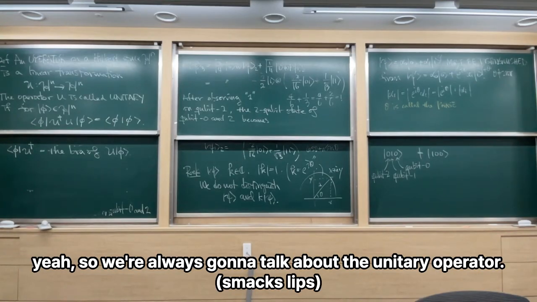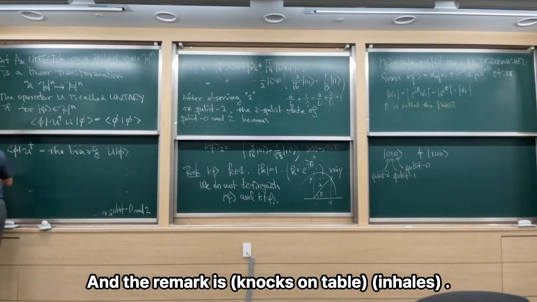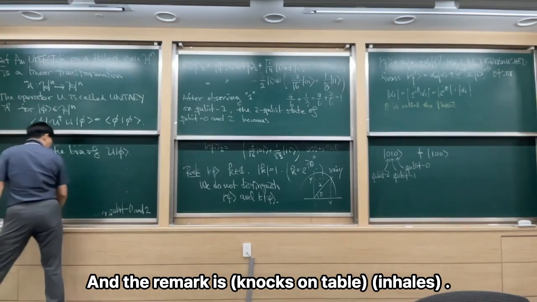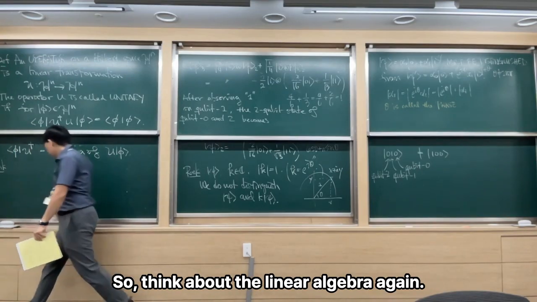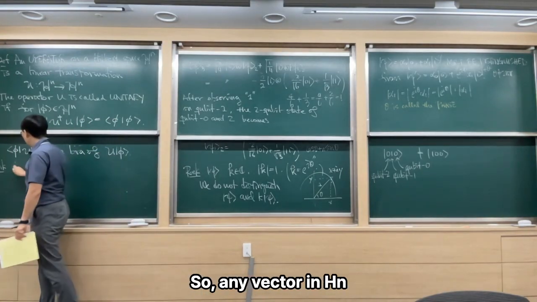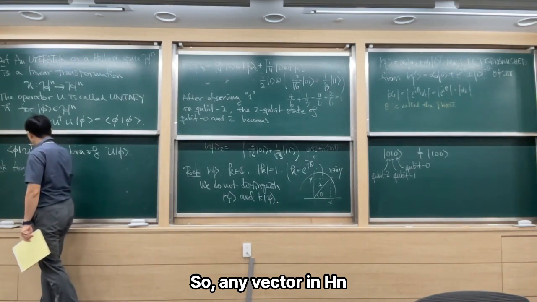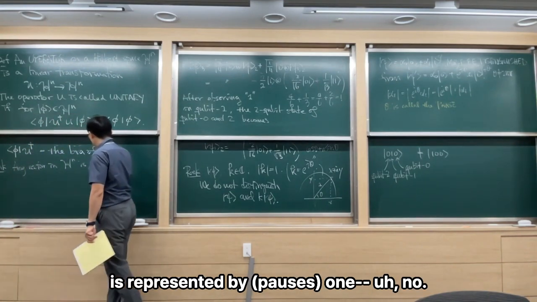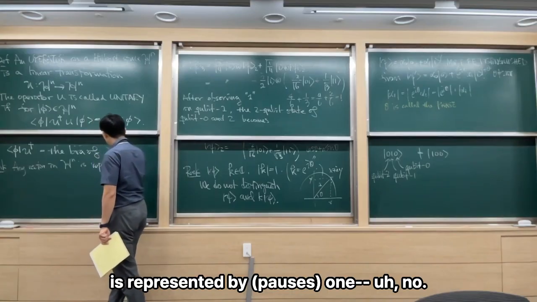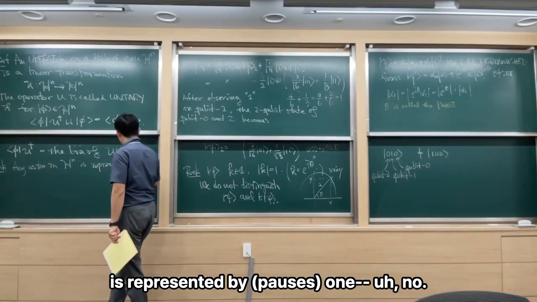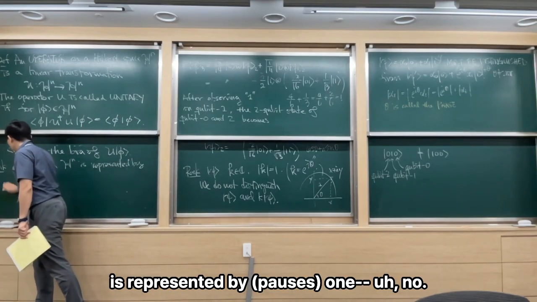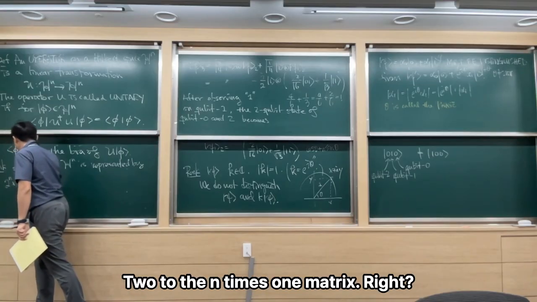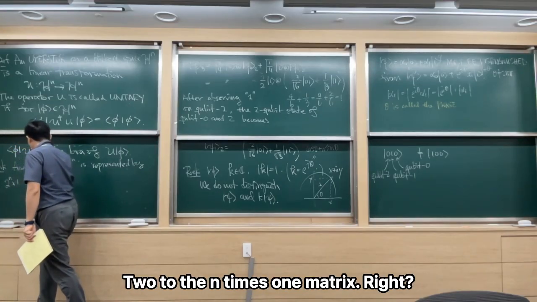And yeah, so we're always going to talk about the unitary operator. And the remark is, think about the linear algebra again. Any vector in Hn is represented by a 2 to the n times 1 matrix, right?